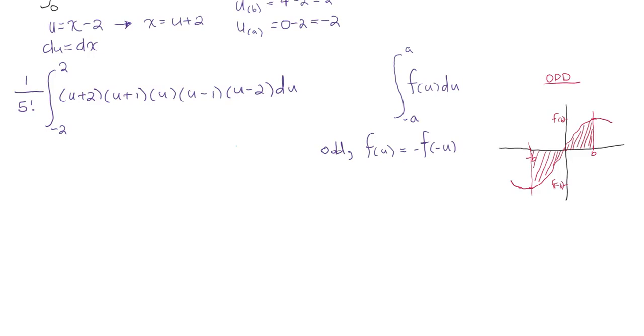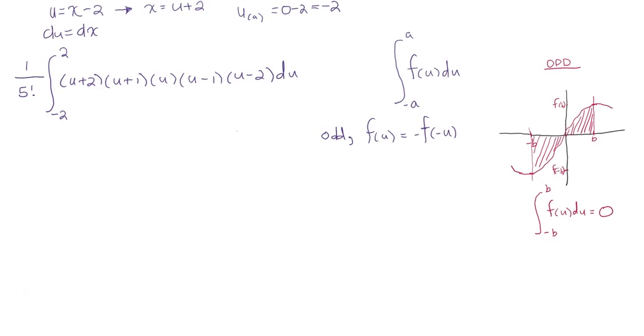So the integral from minus b to b of f of u du just equals 0, and that's a property of odd functions. So if we can prove that our integrand is odd, then we wouldn't even necessarily need to compute the integral, because we would know that the answer is equal to 0, because we're integrating from negative 2 to 2.